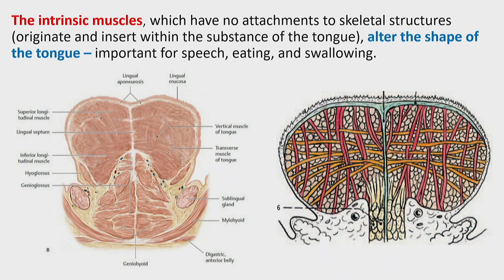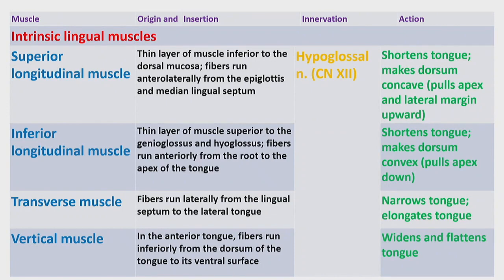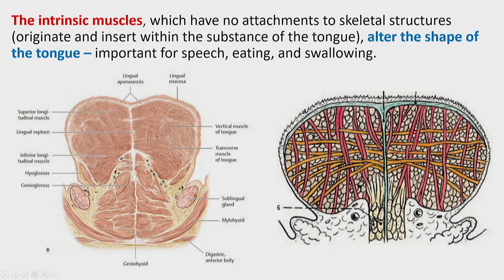According to their direction, we divide them to 3 or 4 groups. The passage of the fiber that is going longitudinally, this is the frontal section, so here is the longitudinal intrinsic muscle. This longitudinal, we divide them to the superior and inferior group. Here, as you see very nice, you can see a transverse muscle, and here is the vertical muscle.